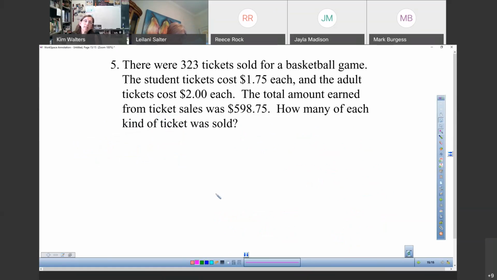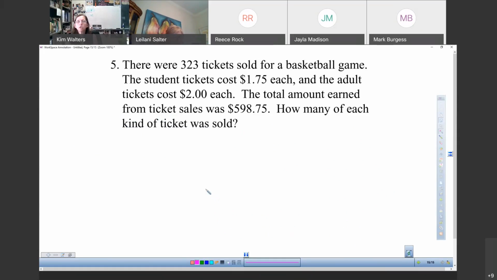All right, so this is a little bit different kind of problem, and we can also use a system of equations to solve this. All of these problems we can solve other ways, but this one in particular lends itself very, very nicely to a system of equations. So we look at this problem. It says there were 323 tickets sold for a basketball game before March.